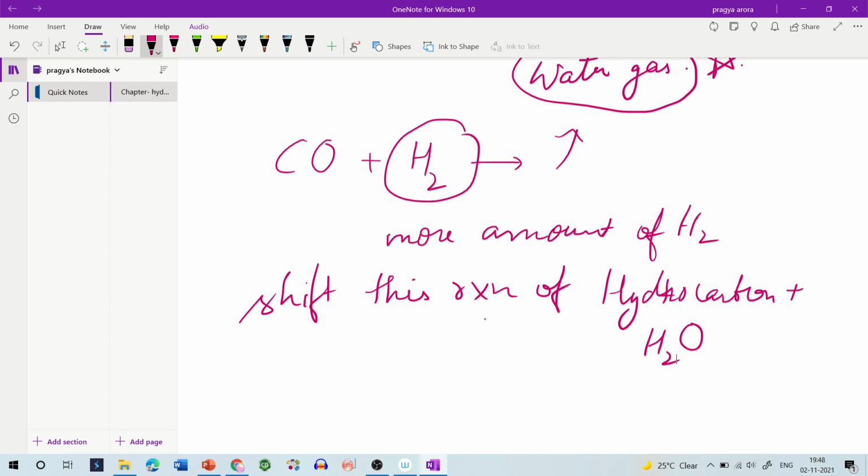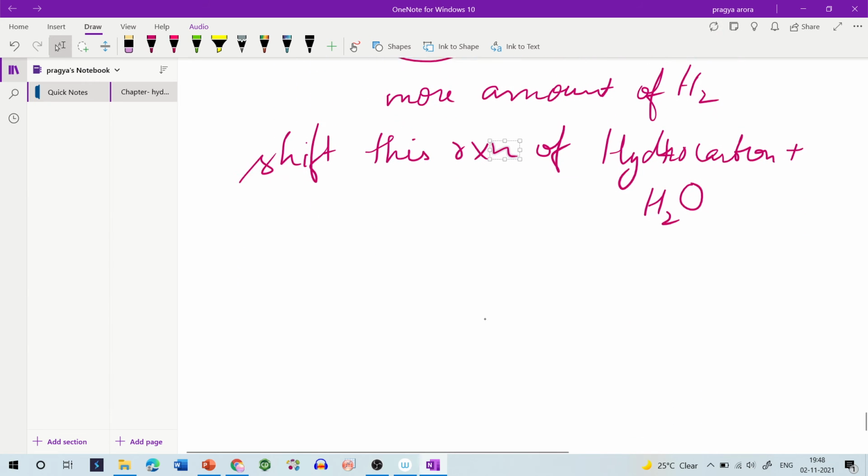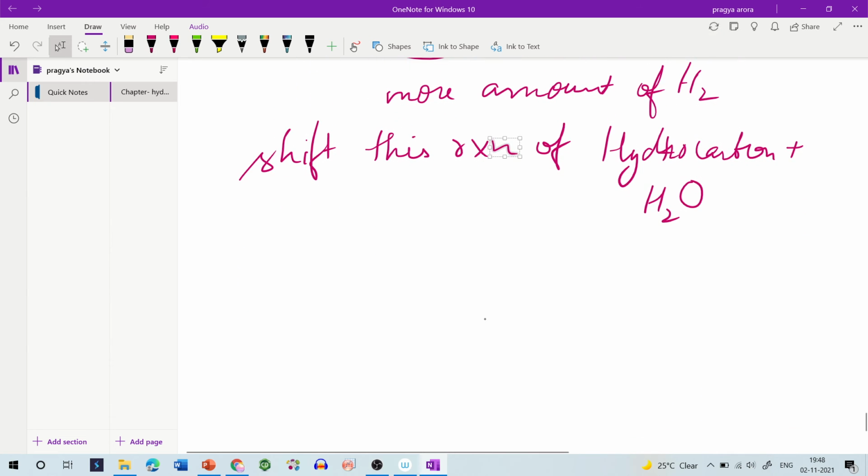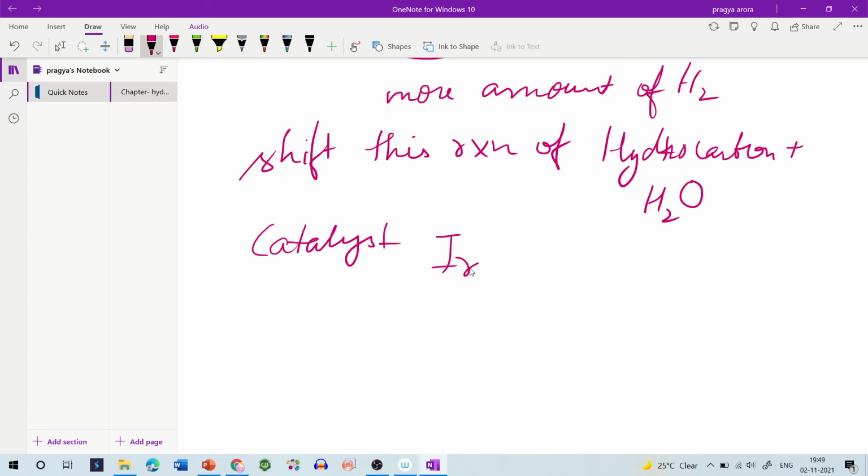How can you shift this reaction? You can shift this reaction by reacting the carbon monoxide further in the presence of a catalyst, which is iron chromate, FeCrO4.